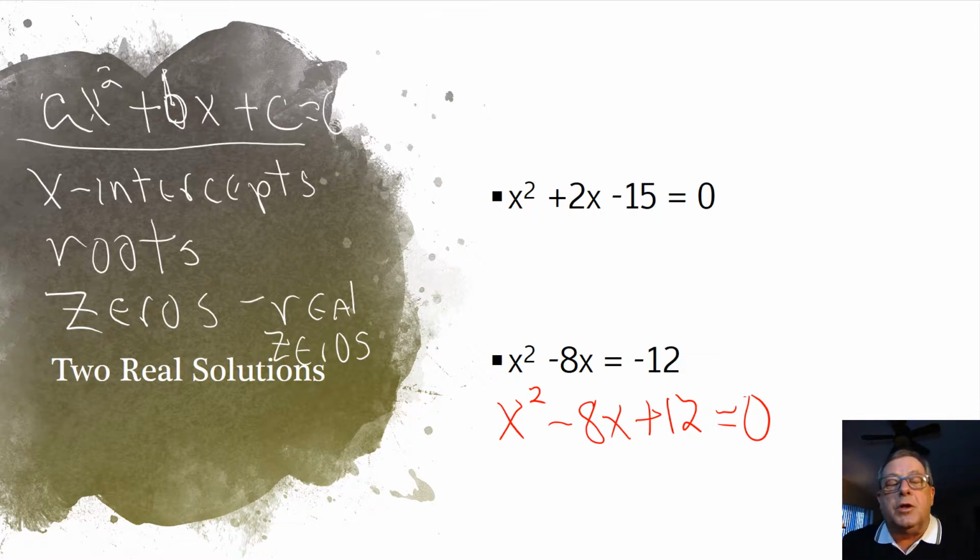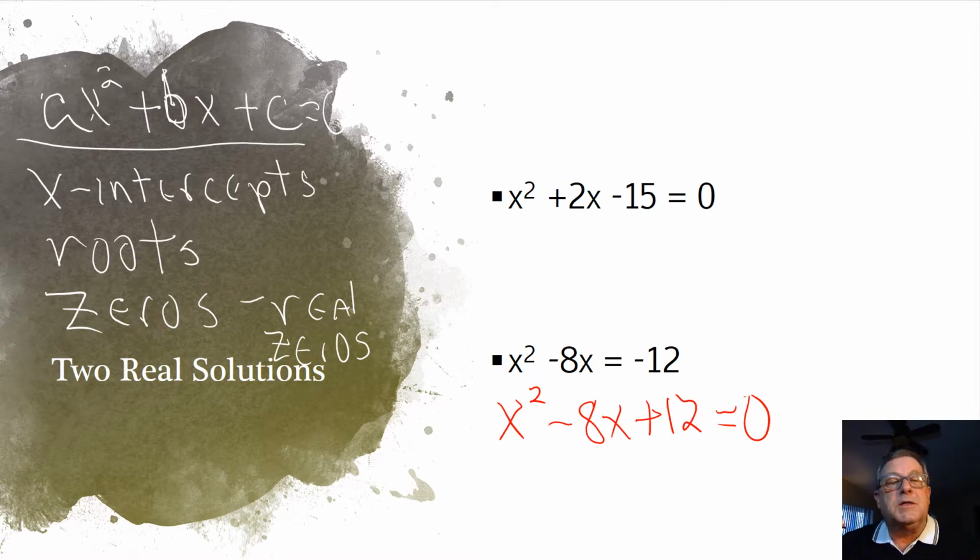Now, first we're going to look at some that have two real roots. Then we're going to take a look a little bit later on at one real root, and then we're going to talk about one that has no real roots. But let's move over to the calculator and graph both of these equations. And from the graph and our tables, let's determine where those zeros are, or I might say where the roots are.